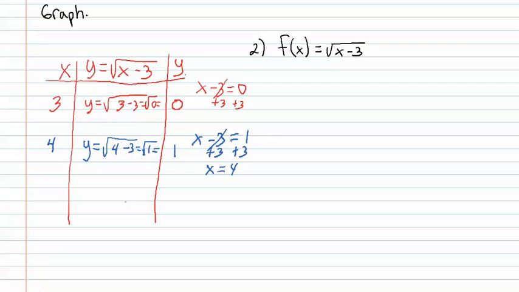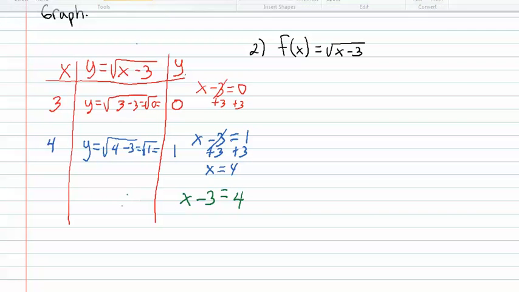Again, I'll pretend like I don't know what my x value would be. So I'm going to go ahead and set it up as x minus 3. And let's do another perfect square. We did 0, 1. What's the next perfect square? It would be 4. So now let's go ahead and solve by adding 3 to both sides.